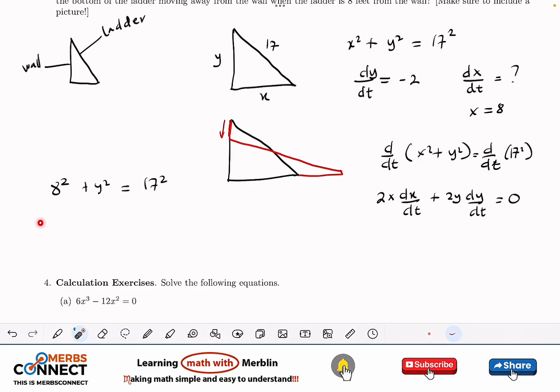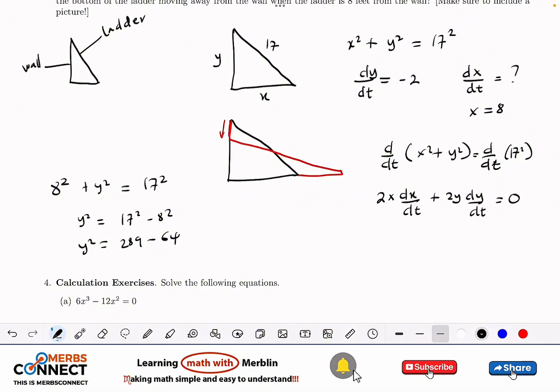I subtract 8 squared here, 8 squared here. So I'm going to have y squared is equal to 17 squared minus 8 squared. So what is 17 squared minus 8 squared? Let's see what we are going to get. 17 times 17 is 289, minus 64. So what are we going to get?